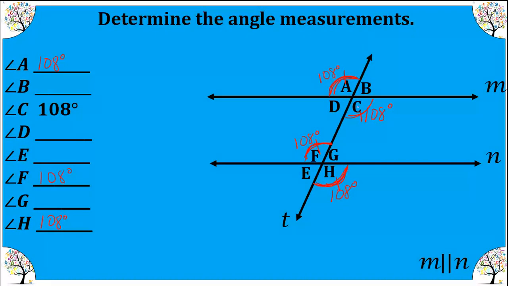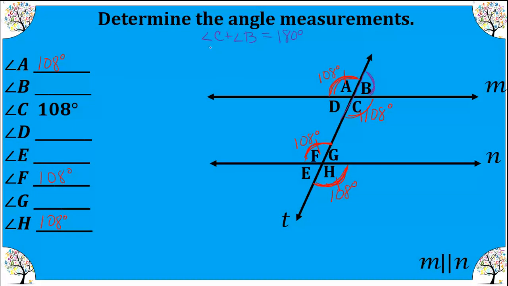So let's start back with what was given. So angle C and angle B are a linear pair. They create our transversal. They are supplementary, so they add up to 180 degrees. So we can say that angle C plus angle B is equal to 180 degrees.